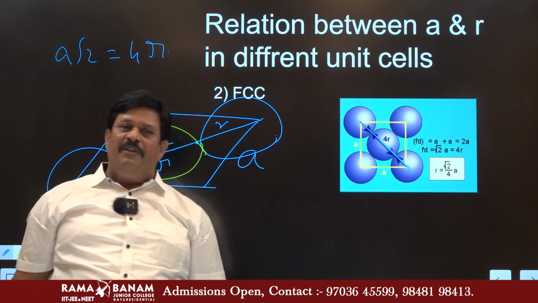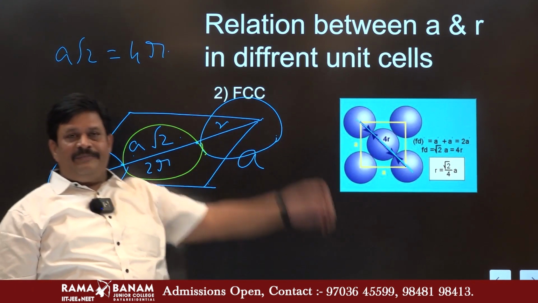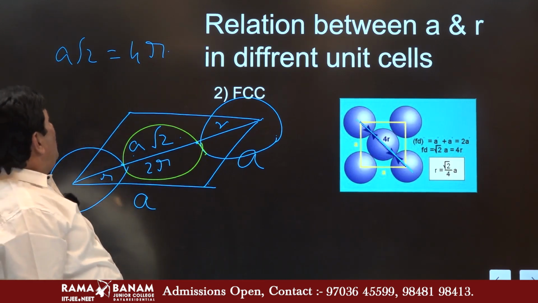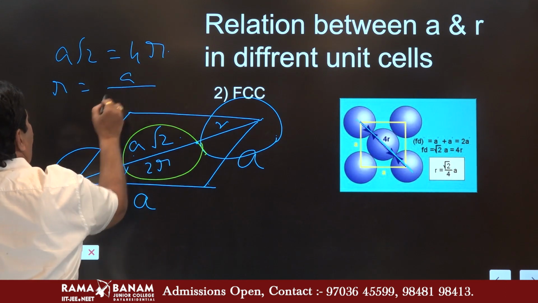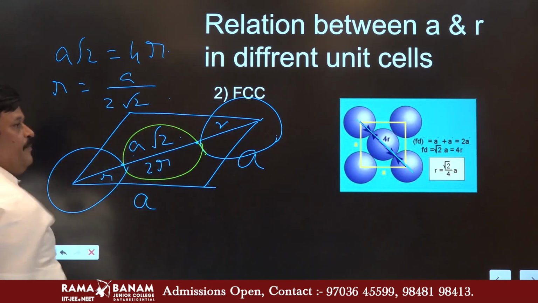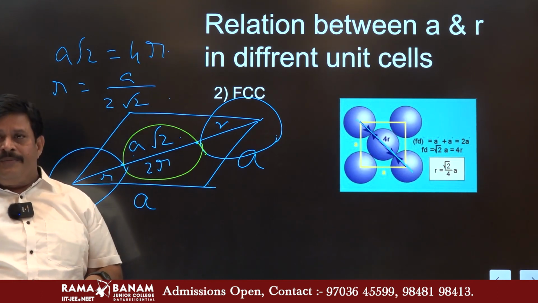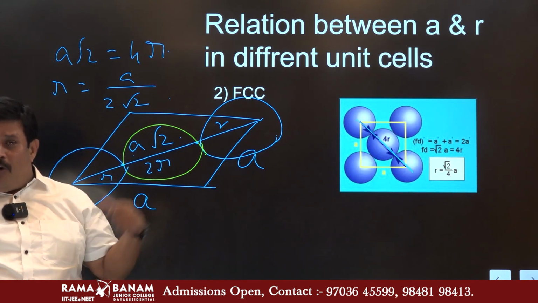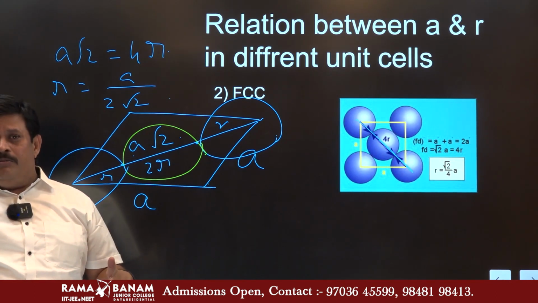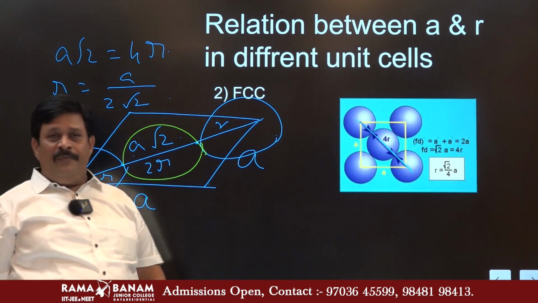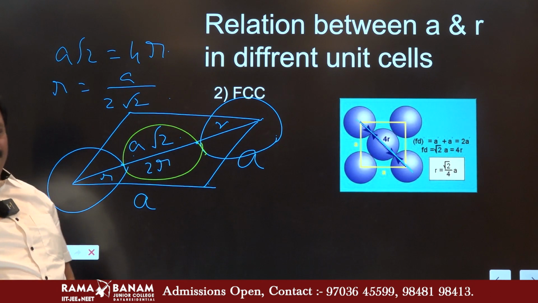This is the relation between A and r in FCC. So A root 2 is equal to 4r, or r can be written as A by 2 root 2. Remember this also, we will use it in calculation of packing fraction. In case of simple cube, what we discussed on the last board, r is equal to A by 2. In case of FCC, r is equal to A by 2 root 2.